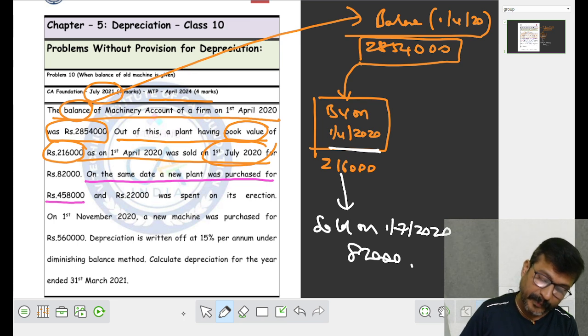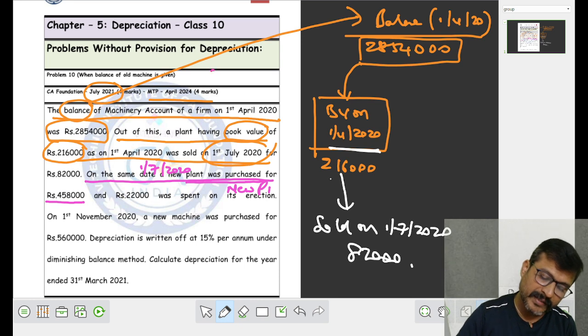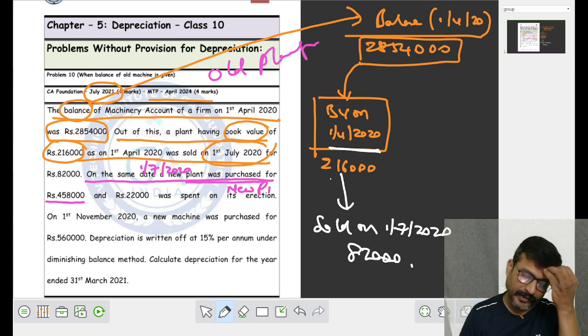On the same date means on 1st July 2020. What they purchased? A new plant was purchased. So now I call it P1, that is new P1. This is the old plant. This is the new P1 purchased.